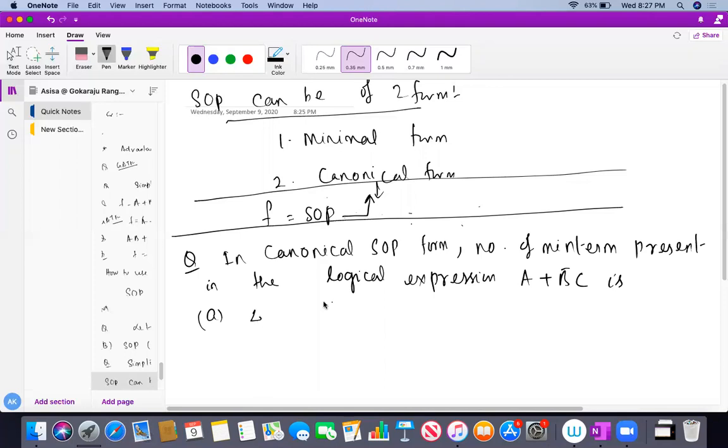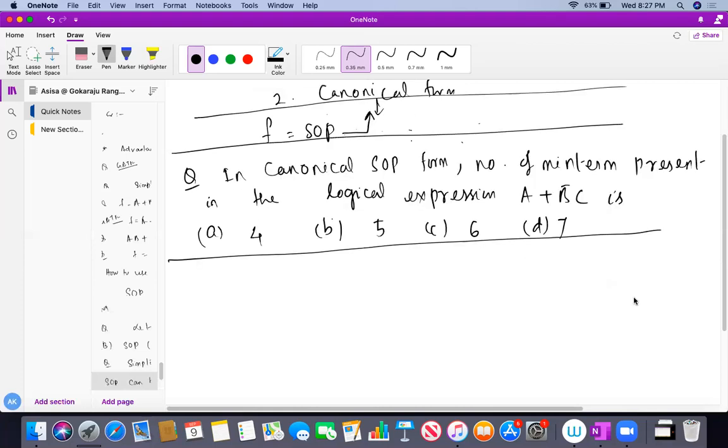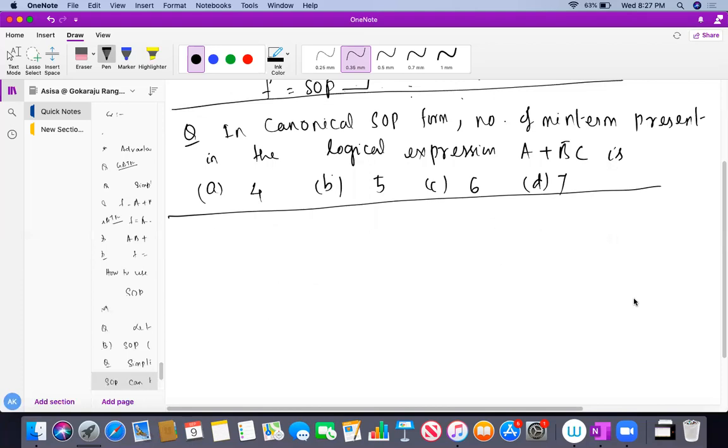Choice A is 4, choice B is 5, choice C is 6, choice D is 7. So let's say this is my question. What is asked of you: in canonical SOP form, the number of min terms present in the logical expression A or B bar C.